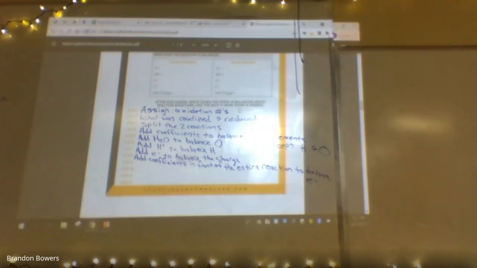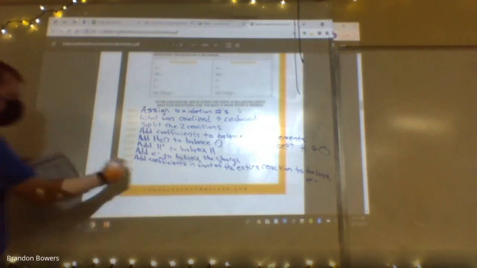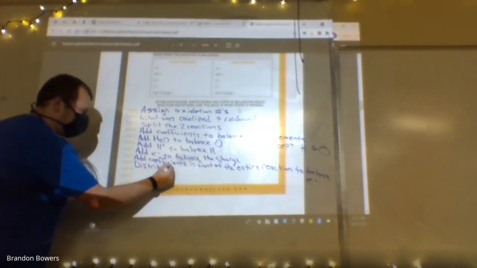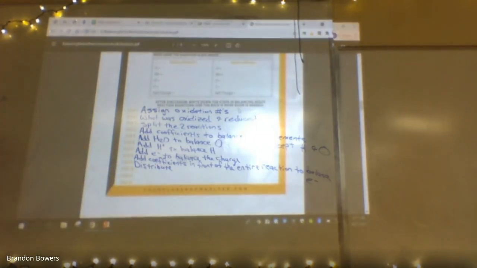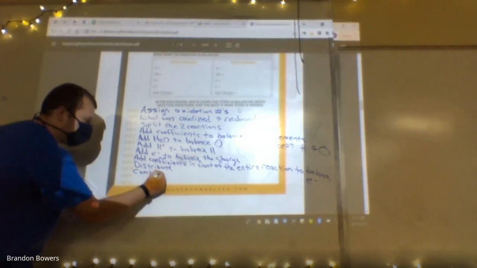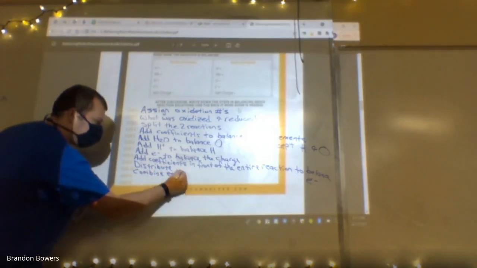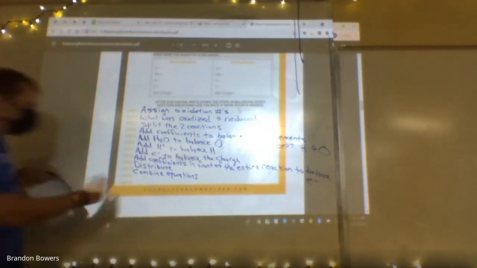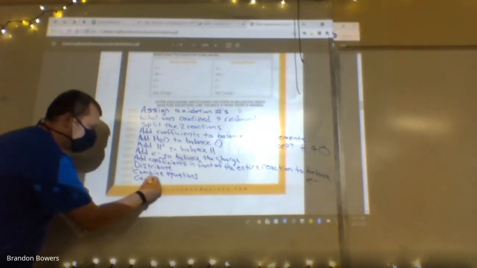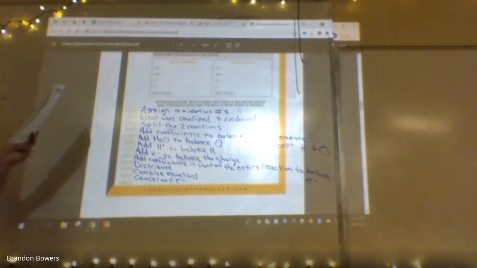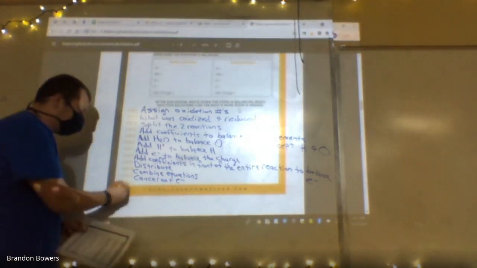Step 9, you distribute. Step 10, you combine the two equations. Step 11, cancel electrons. And step 12 is basically your celebration step.